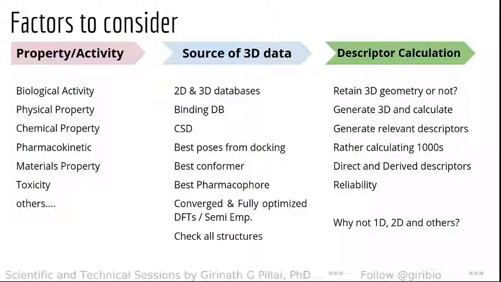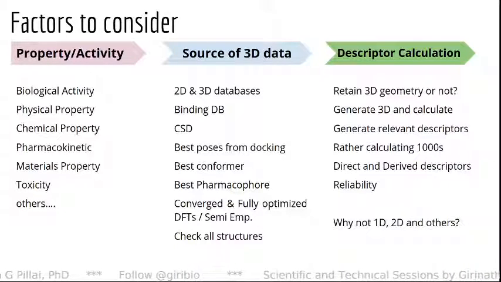When you're coming to descriptor calculations, as per the property that you're doing, you have to decide whether to retain the geometry or not. If you're taking it from a docking program and calculating descriptors using a different program, you have to retain the 3D geometry. If the descriptor calculating software is going to optimize again, then the geometry might change and the values might change.